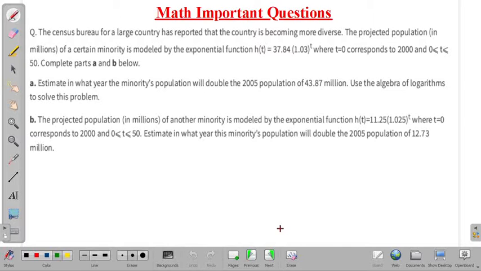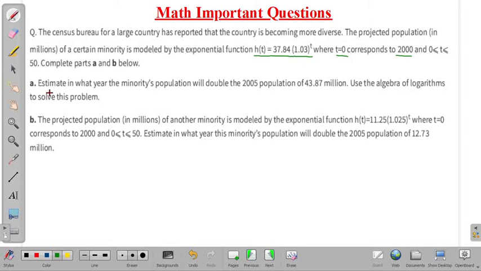The projected population, given in millions, of a certain minority is modeled by the exponential function h(t) = 37.84 times 1.03 to the power t, where t = 0 means the year 2000. The range of t is t greater than or equal to 0 and less than or equal to 50. So we need to compute parts a and b as below.